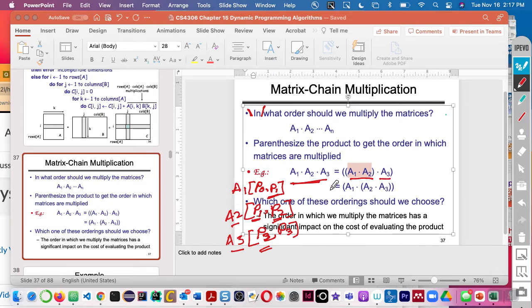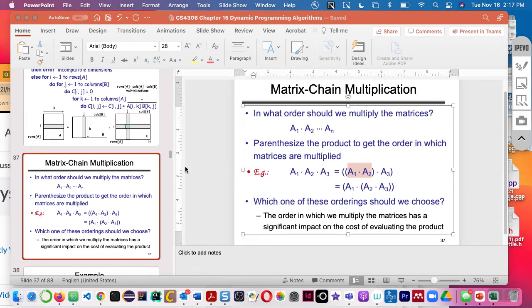And another way, A2 and A3 can be multiplied first, and the result can be multiplied with A1. Ultimately they will give the same result, but the complexity will be different. Complexity means how many total multiplications will be needed.